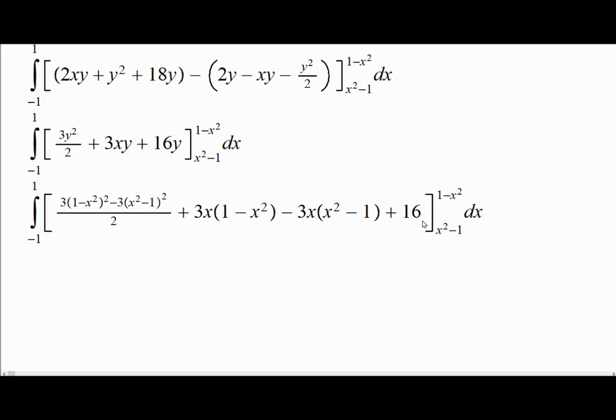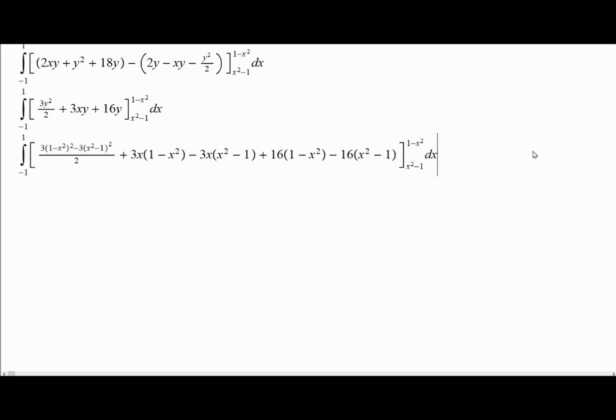All I'm doing is simply algebra. Then we got 16 times, and here these will switch. Okay, I hope you all can still see it.